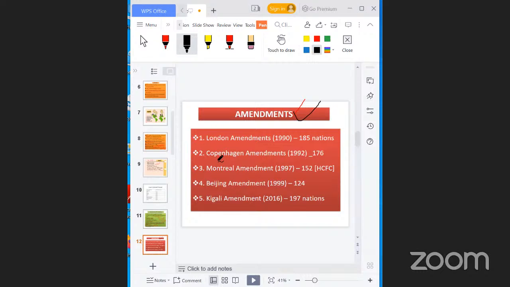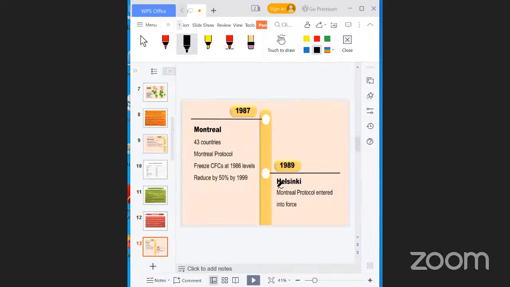The Montreal Protocol entered into force in the year of 1989, followed by the first meeting in Helsinki. The Vienna Convention entered into force in 1985.